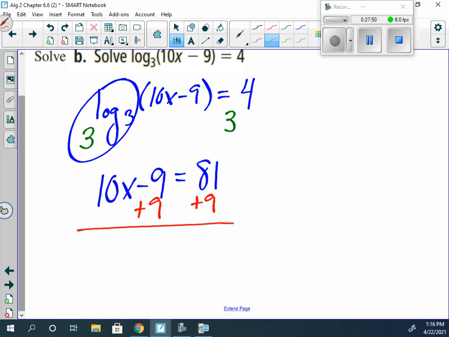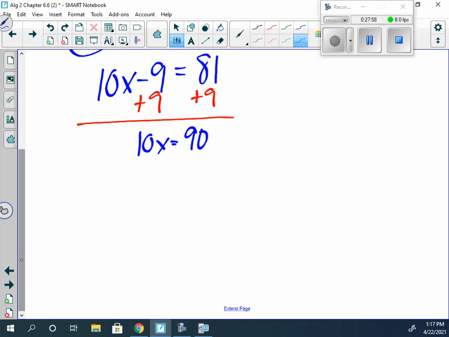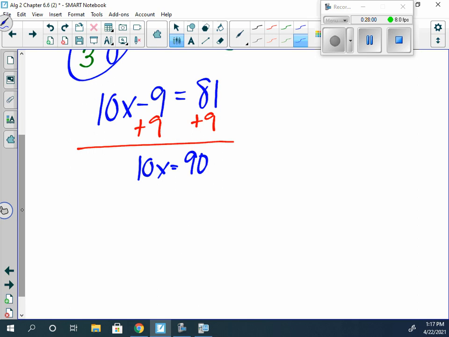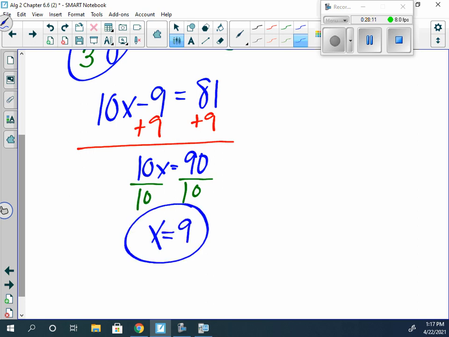Add 9 to both sides, which tells us 10x is equal to 90. And then divide both sides by 10, which tells us x is equal to 9.